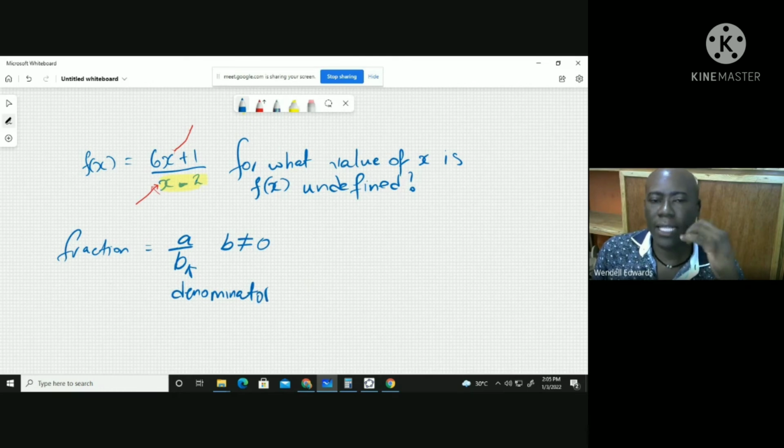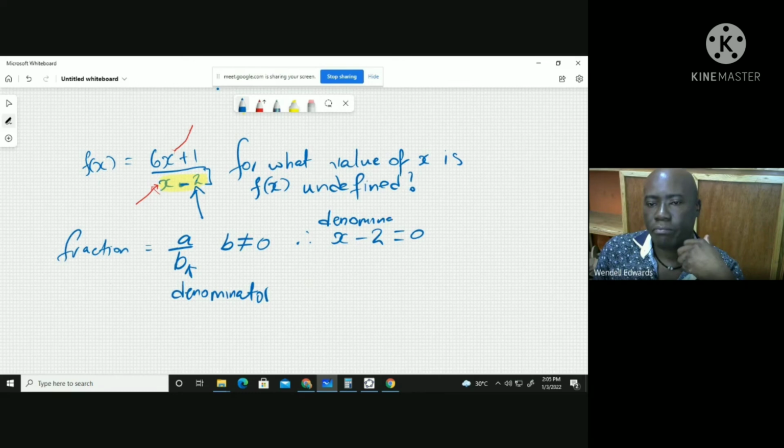So the context is that the denominator, which is x minus 2, cannot be equal to 0. So whenever we get any question like this, we take the denominator and set it to 0. If we set the denominator to 0 and solve it, then we'll be able to find what value of x would cause that issue.